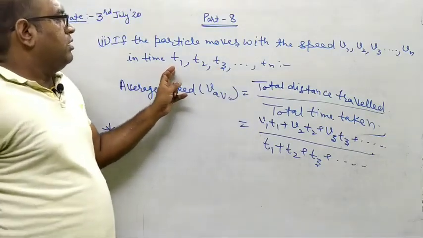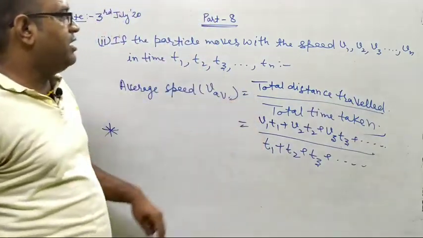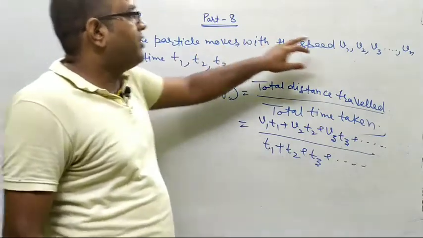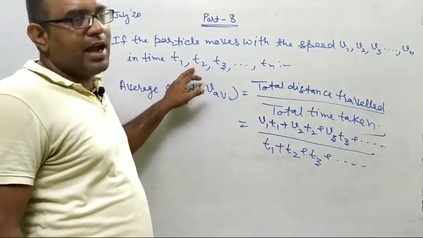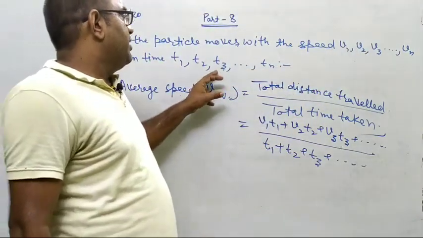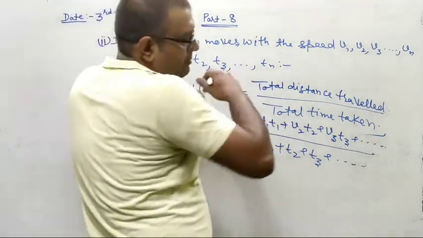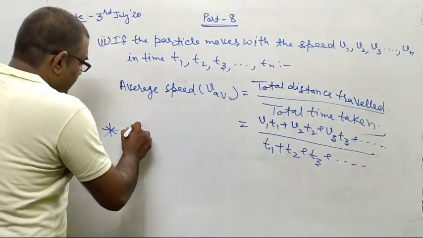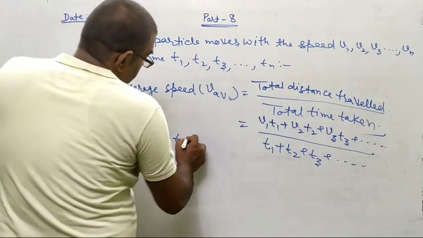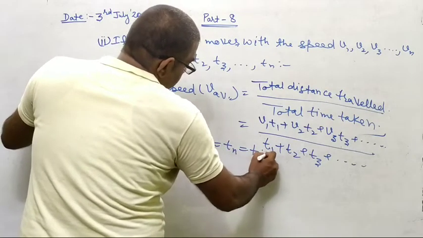So if I make a specification that for traveling with the speed v1 the time taken is t, for v2 the time taken is t, for v3 the time taken will be t, means this time interval becomes same. We can say that t1 is equal to t2 is equal to t3 is equal to up to so on tn, that is equal to t.